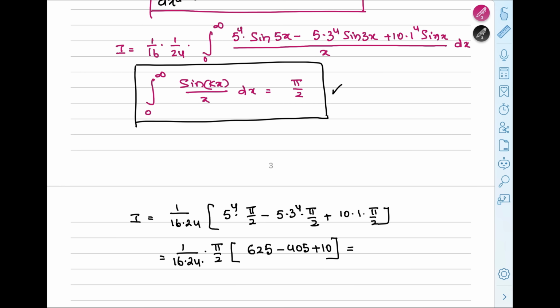That is equal to pi by 2 into 1 by 16 into 24 into 625 minus 405. How much is it? 220. 220 plus 10 is 230.